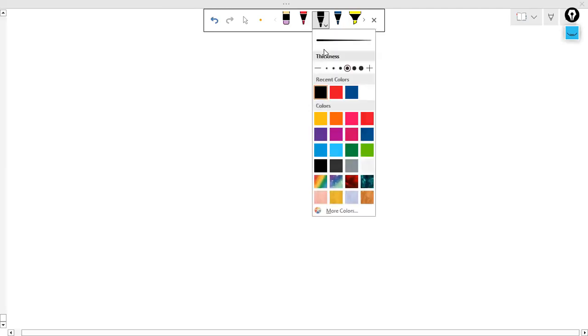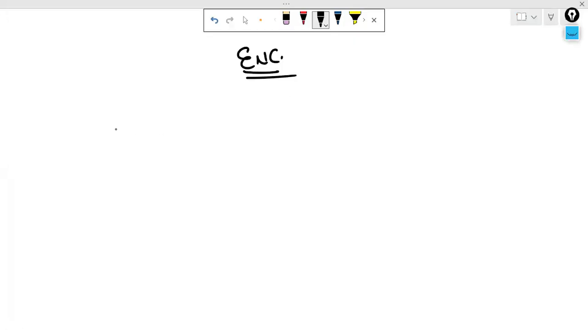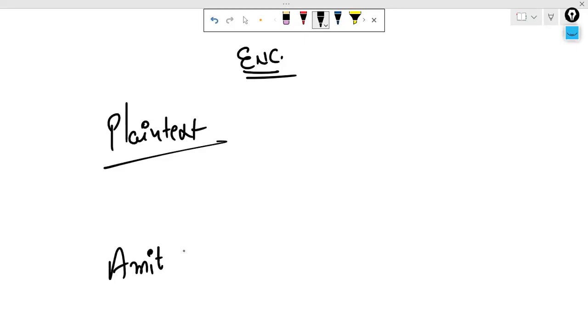Now, encryption here. I have a plain text. What is that? Plain text here. Could you tell me what this is? It's my name, Amit Tawar.